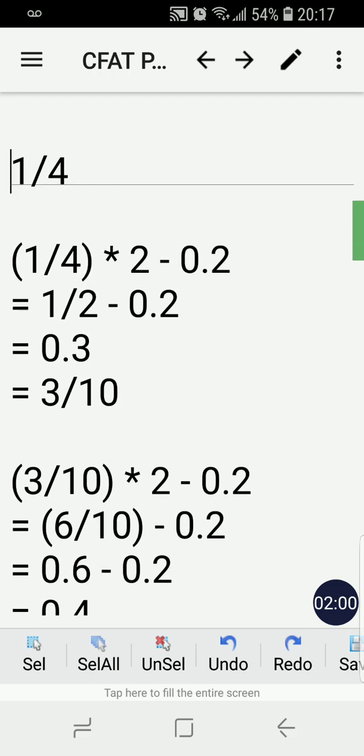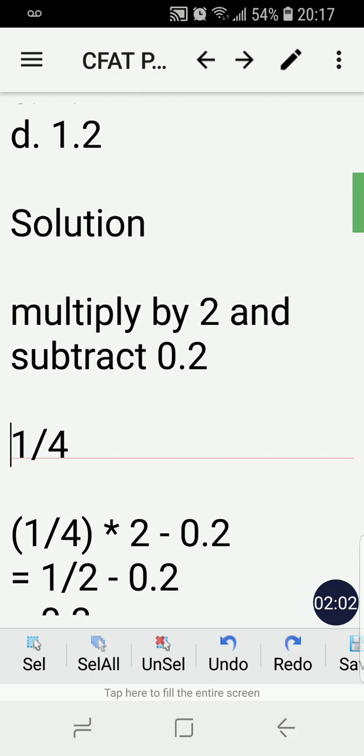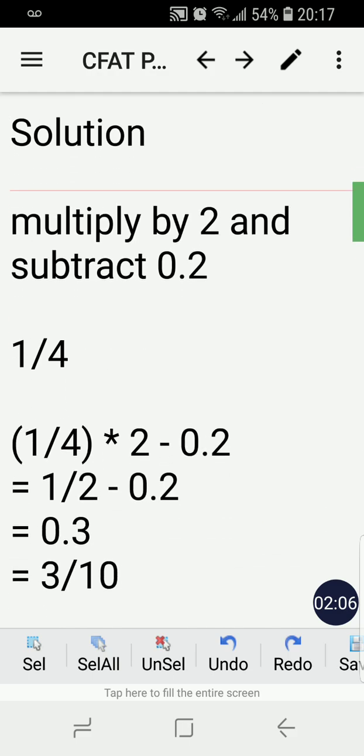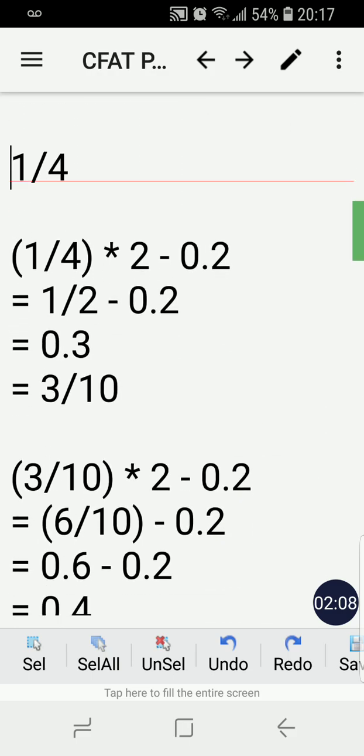In order to get the second number, which is 3/10, we multiply 1/4 by 2, which is equal to 1/2, and then we subtract 0.2.